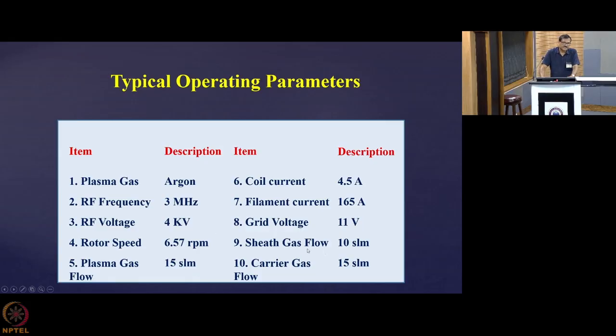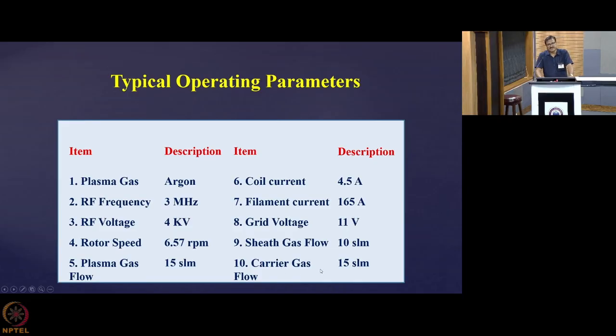Then there is a seed gas flow which we are setting at 10 liter per minute, and there is a carrier gas. This gas is required to facilitate the process for which the device is designed. For example, if you are going for spheroidization of the particles, then this carrier gas will carry the particles to be spheroidized, or if it is for coating purposes, then this gas will carry the material that has to be coated.